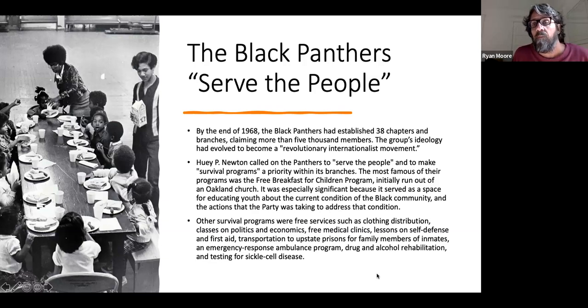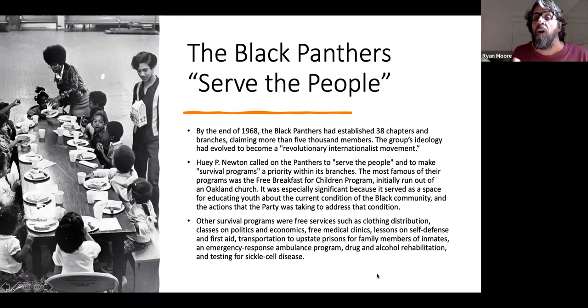And there were also other programs that they called survival programs, which were basically free services such as clothing distribution, classes on politics and economics, free medical clinics, lessons on self-defense and first aid, transportation to upstate prisons for family members of inmates, an emergency response ambulance program, drug and alcohol rehabilitation, and testing for sickle cell disease.